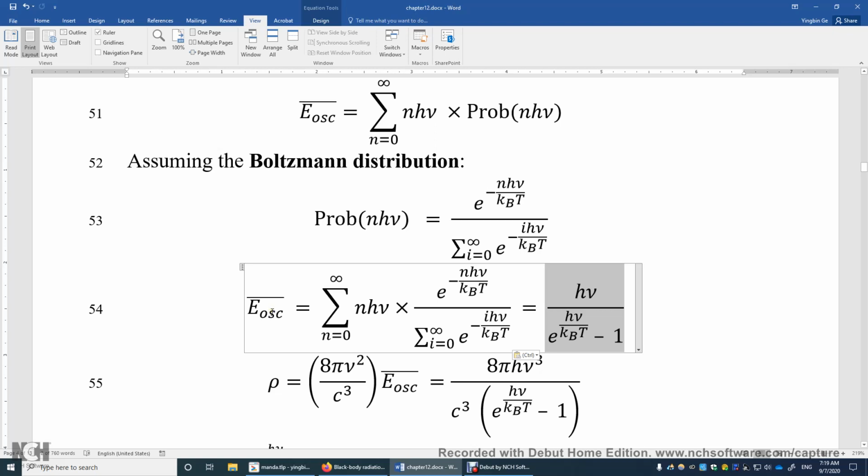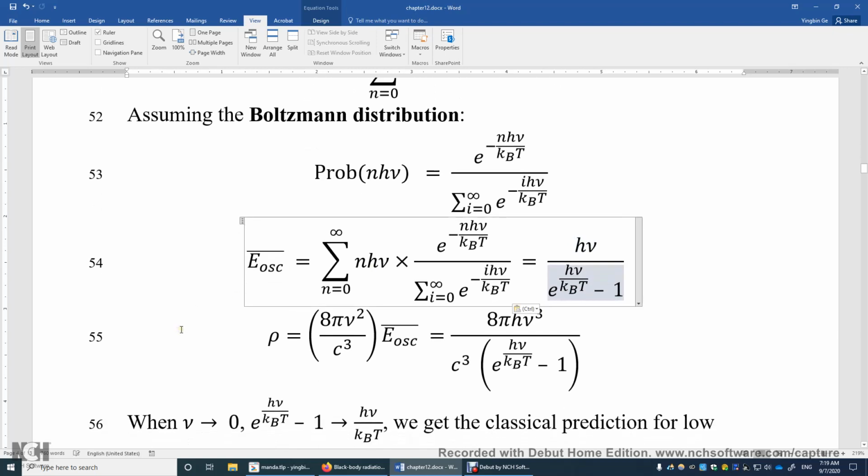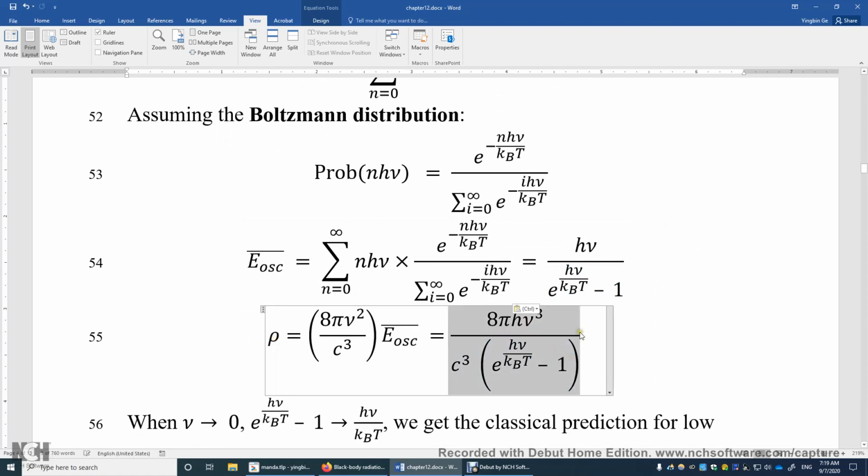But remember, in classical physics, this average oscillation energy is kBT. It's not this. It's just kBT. All right. So in quantum theory, we have this spectral density equal to this expression. This expression has nu to the power of 3 on top, e to the power of h nu over kBT minus 1 on the bottom.